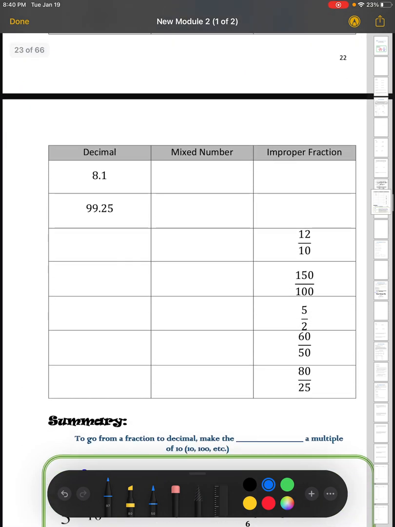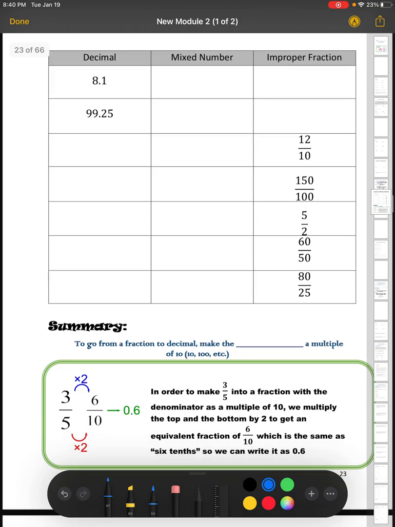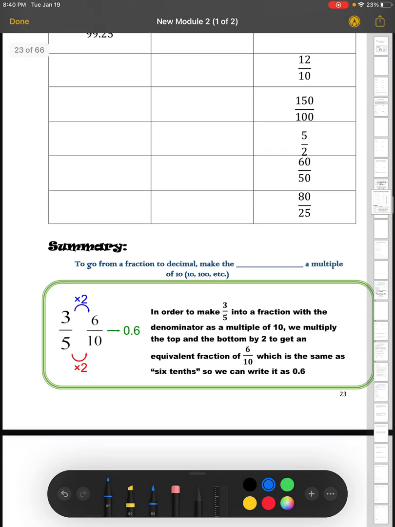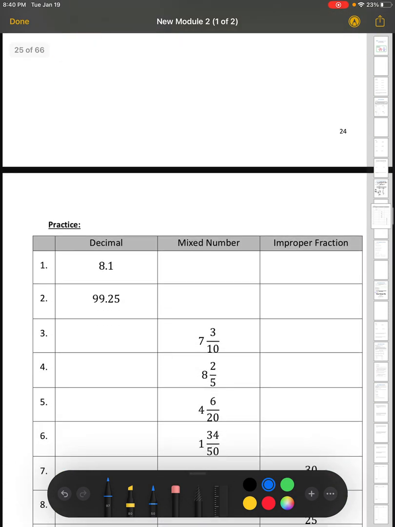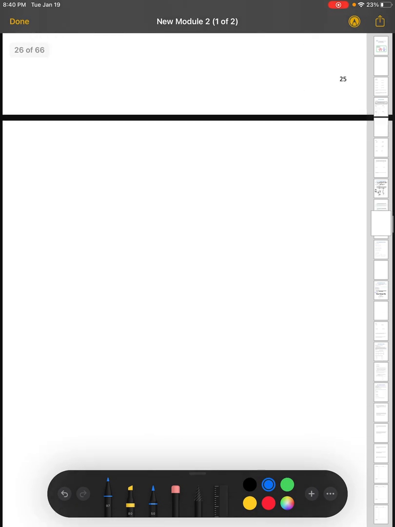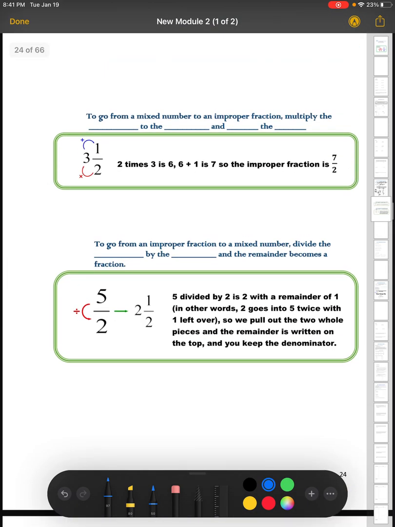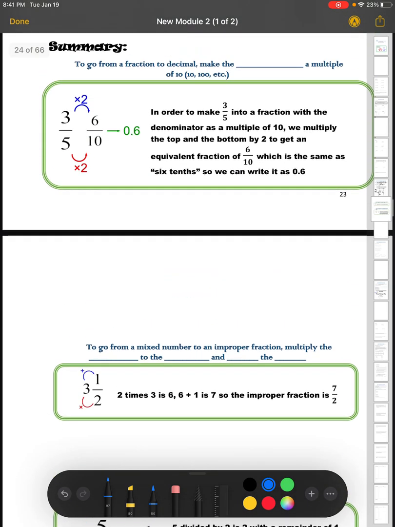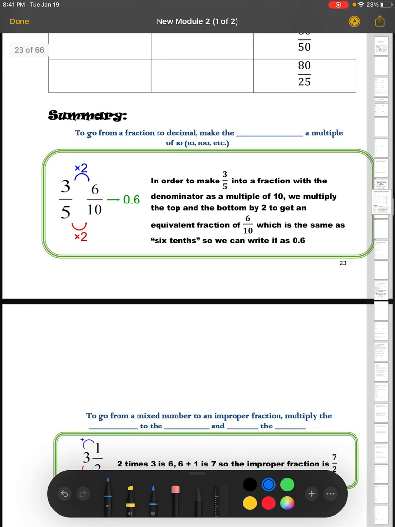Let's see. Here are just a bunch more examples, and then there's a summary. And we didn't have a chance to really go over this in class. There's just so many examples in here, and 22 minutes isn't enough. So we can kind of look at this if you want to.